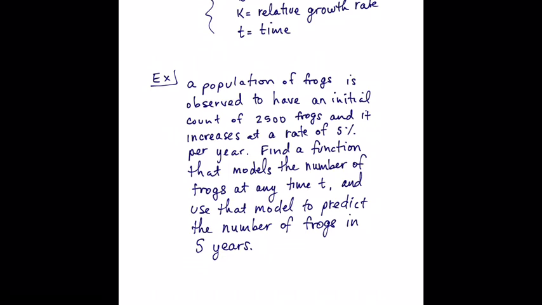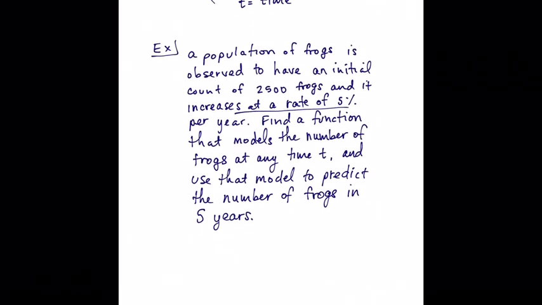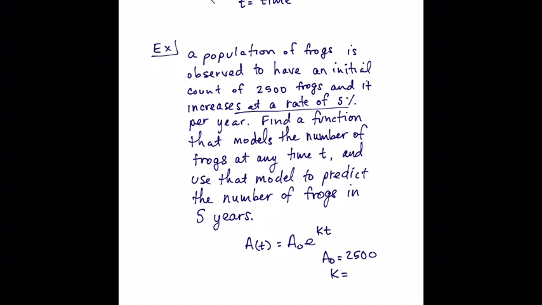Since we have not been given a specific doubling time, but we do have a relative growth rate, we can use this model. The amount at any time t is equal to the initial amount times e to the kt, where the initial amount is 2,500 and the relative growth rate is 0.05.